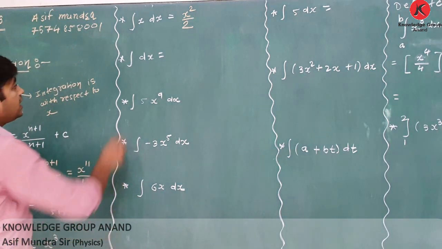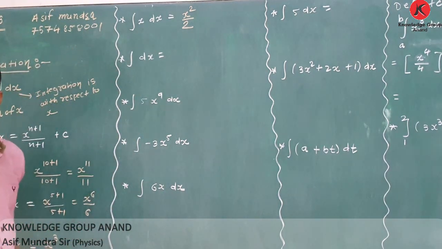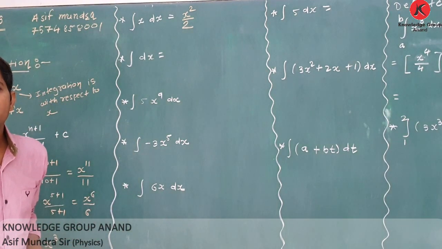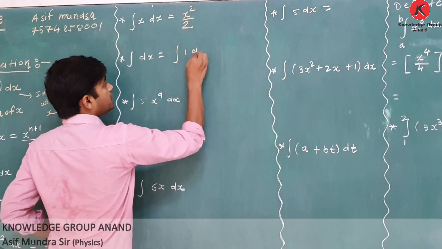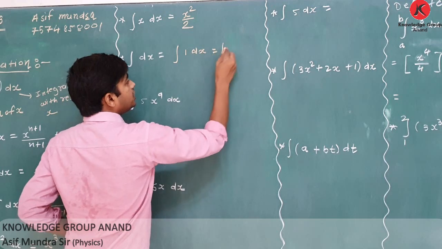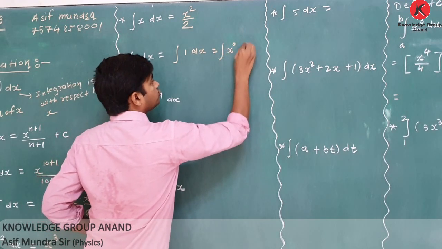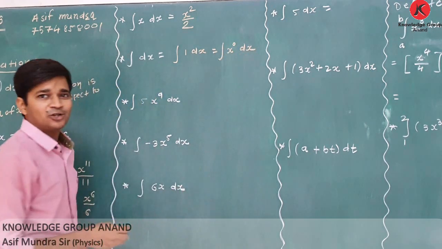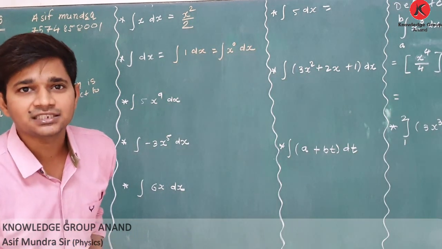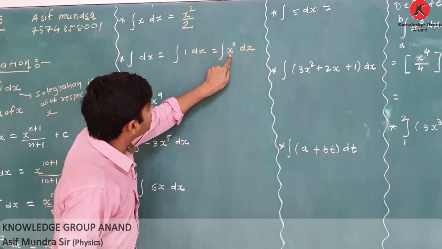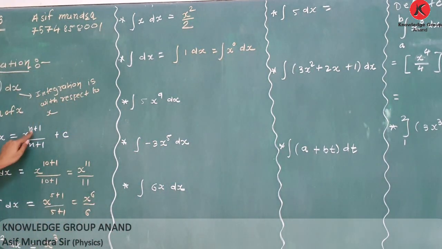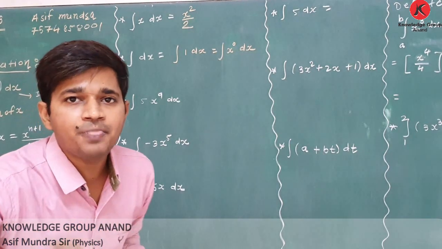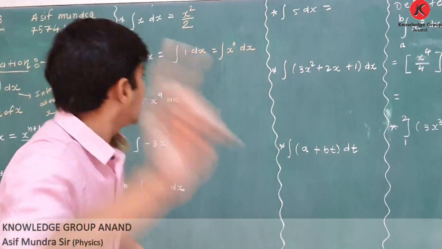Okay, now integration dx. There is no term having x. Then how to write? We can write this as integration 1 dx is equal to integration x raised to 0 dx. Yes, we can write like this. So here, what is the power of x? 0. Follow this formula: x raised to n plus 1 upon n plus 1. Add one to the power and write that power in the denominator.